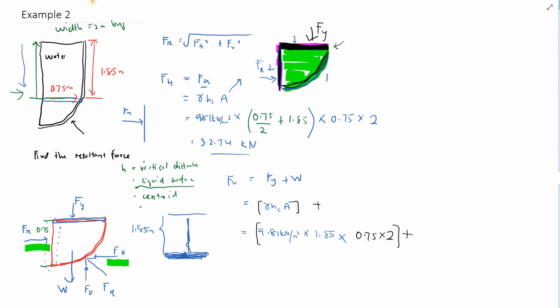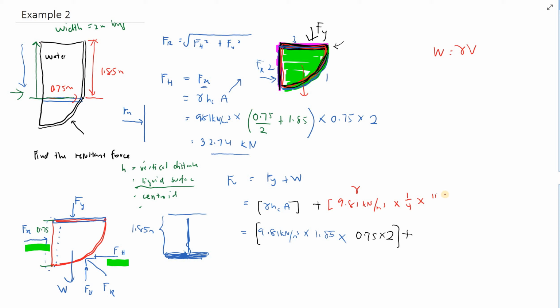W, if you don't remember, W is equal to gamma V. So what do you have here? You will have 9.81 kilonewton per meter cube, that's the gamma for the water, times the volume. Volume of the water inside this, it's actually 1/4 of the whole cylinder.